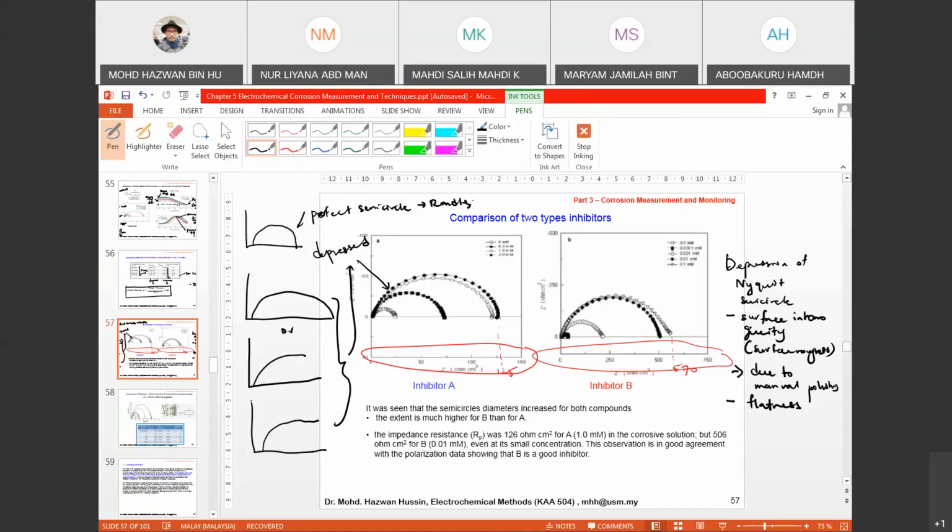So due to these factors, we cannot use Randles, because if you use Randles, maybe the fitting is going to be like this. It's not a perfect fitting. The dotted line is actually from the Randles fitting.